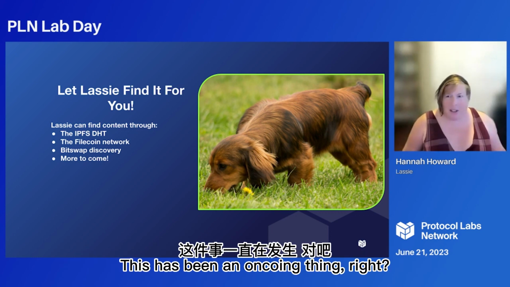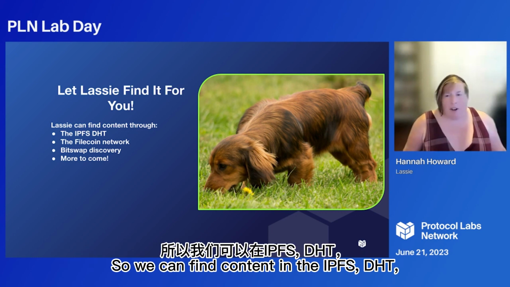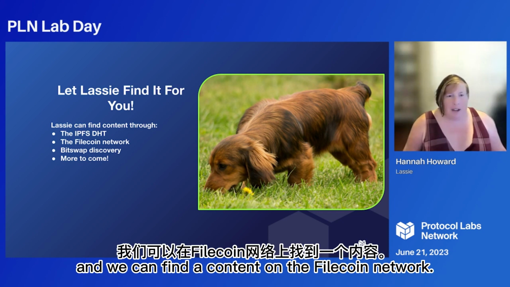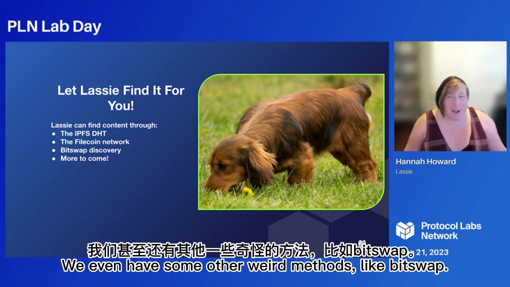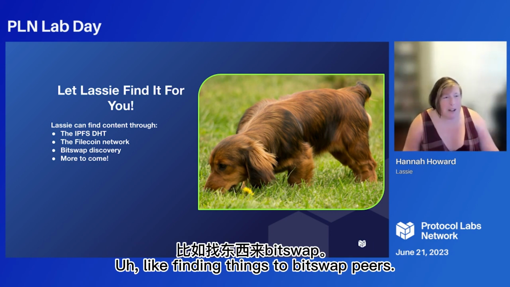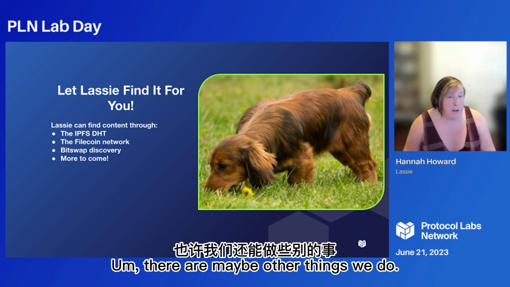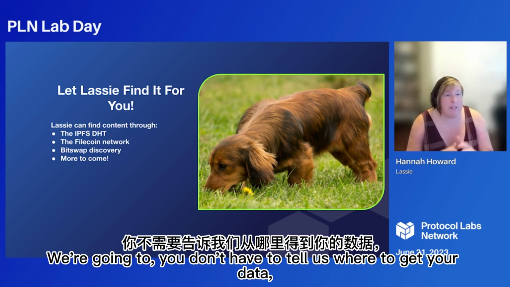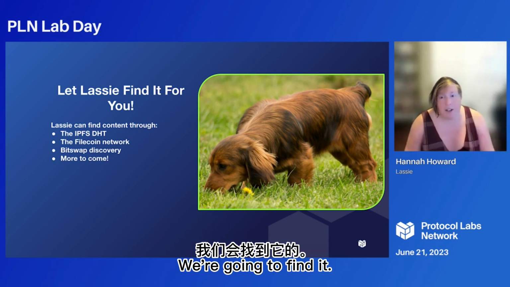So we can find content in the IPFS DHT, and we can find content on the Filecoin network. We even have some other weird methods, like finding things through BitSwap peers. There may be other things we do. You don't have to tell us where to get your data. We're going to find it.